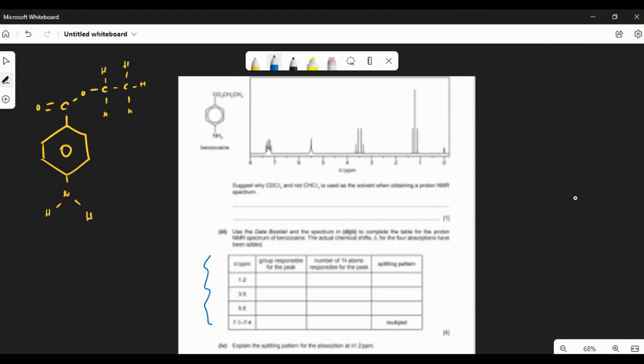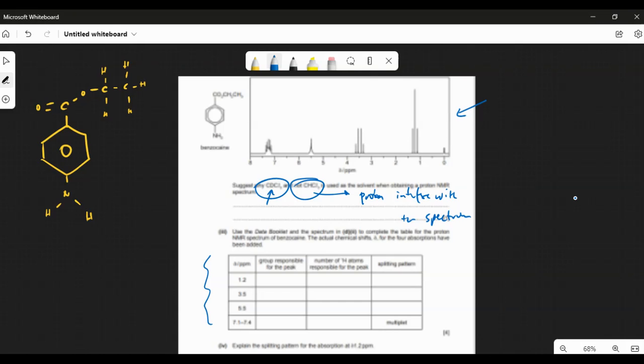So she wants to answer this one, and I think her main problem is this table. There's the splitting pattern, obviously. Suggest why this one is the solvent and not this one. Well, if we use this one, it contains a proton and it will interfere with the spectrum because it's got a proton in.